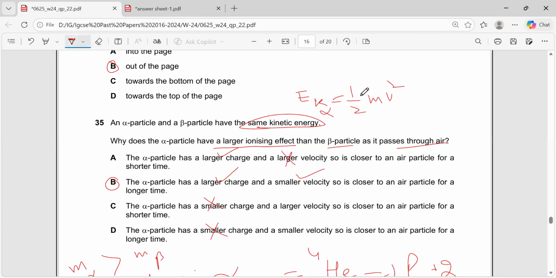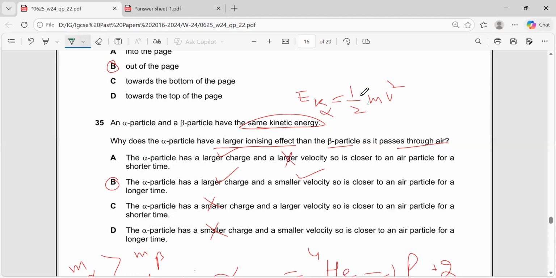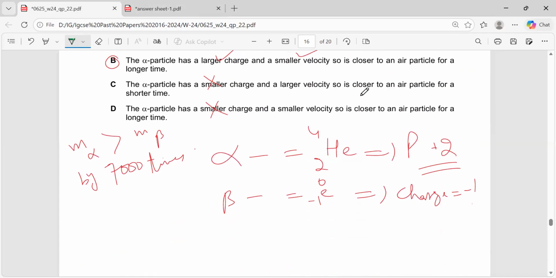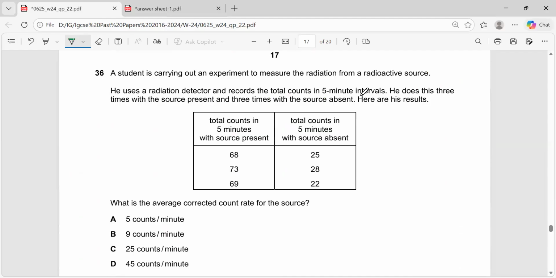If for alpha the mass is more, its velocity should be less to keep the kinetic energy same. So answer for 35 is B. Then 36. Oh, this is so good a question.